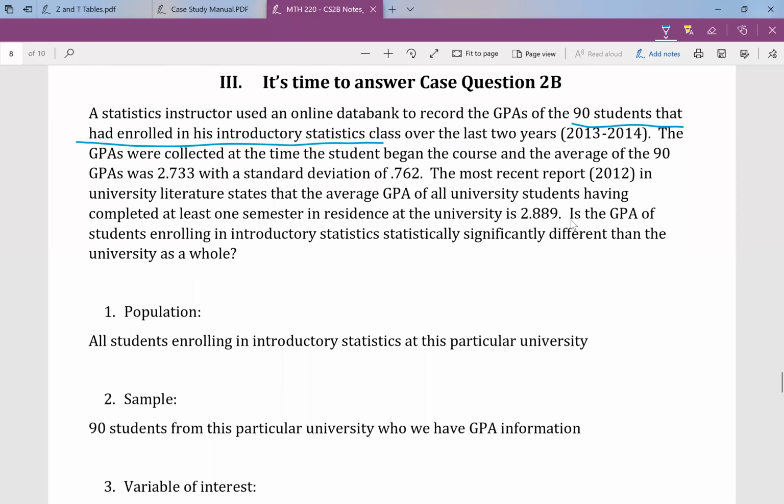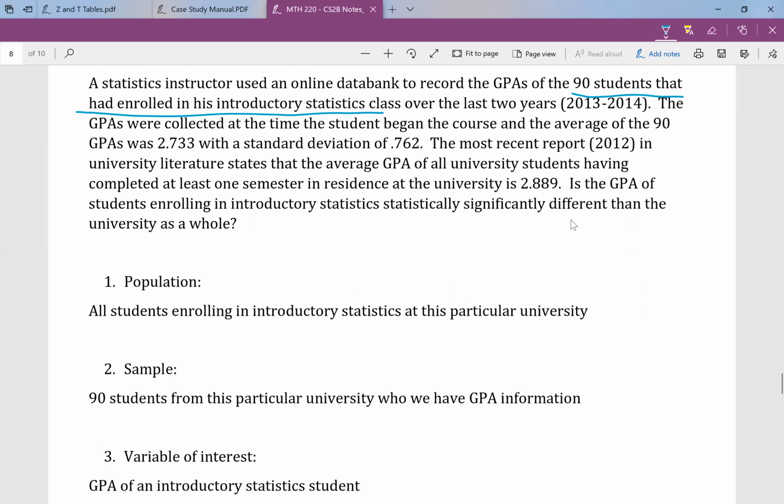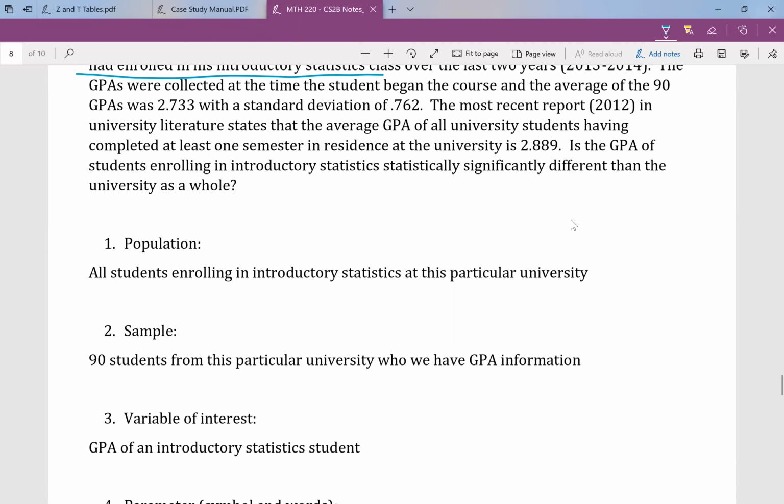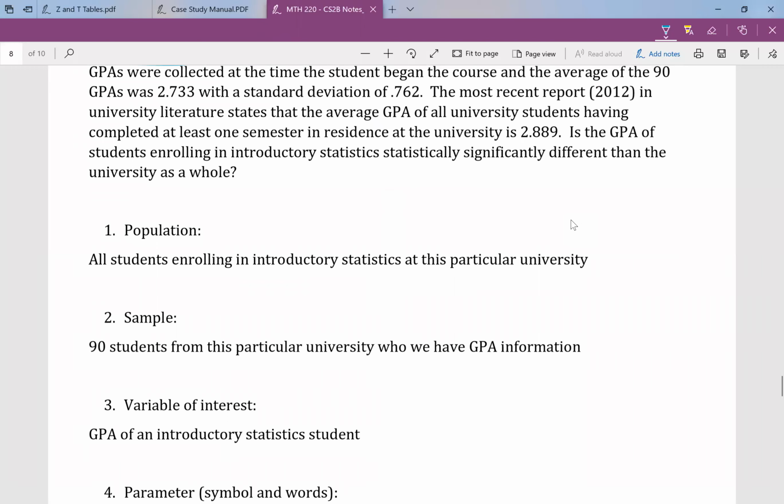Variable of interest, that which is measured from the objects in our sample. So what did we measure on these 90 students? The GPA. So I have GPA of an introductory statistics student. If you just wrote GPA, that would be sufficient. The next thing we have is our parameter. So first, what's the symbol for our parameter? Since we're talking about averages, yes, our symbol is mu.